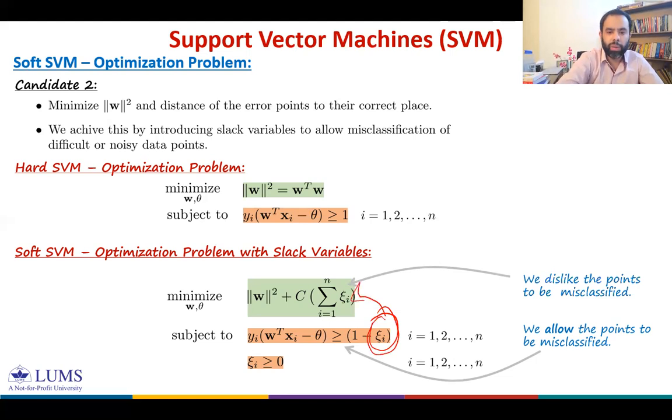The more flexibility we offer in the constraint, the larger the effect in the objective function which we want to minimize. So we allow the points to be misclassified, but at the same time, we dislike the points to be misclassified.